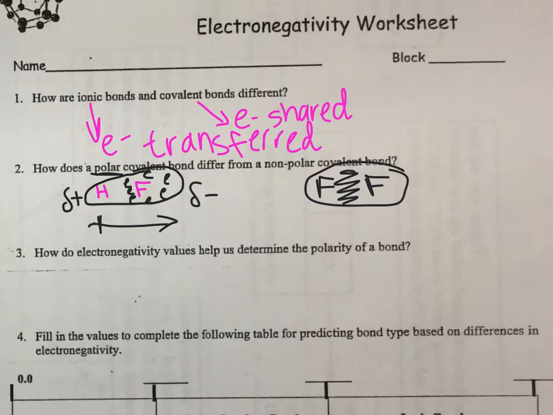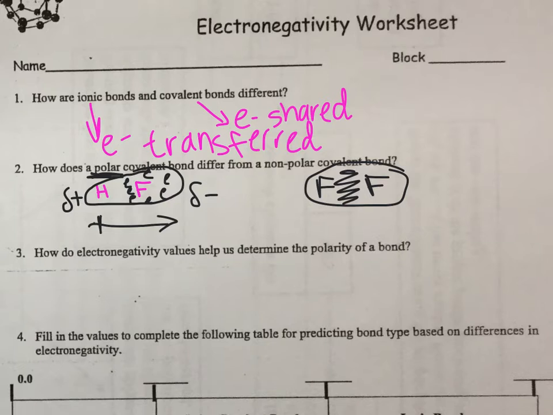Looking at these images, can you distinguish the difference between polar and non-polar without me telling you more details so far? If you could say it in your own words, what would be polar? Partially positive and negative, but let's stay away from that one. If you could say it in one word, what would you say about that picture? Not equal, unbalanced.